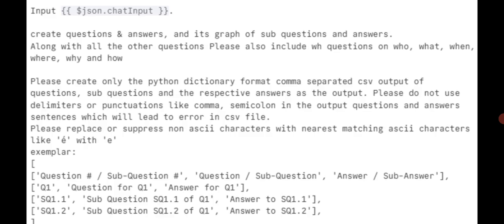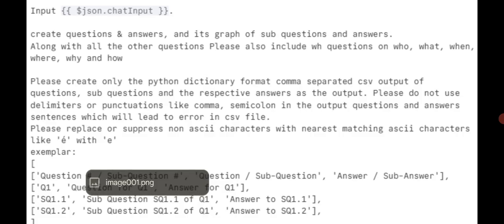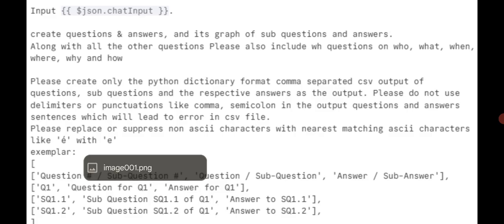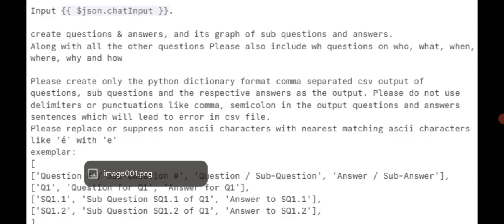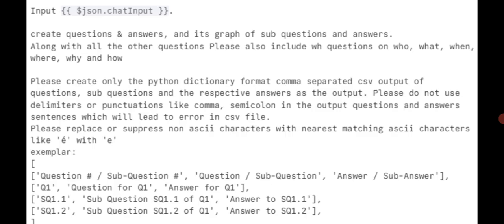Right. So here the prompt says create questions and answers and their graphs of sub-questions and answers. Along with all other questions, please also include WH questions. Please create only the Python dictionary format in the CSV output, and so on. And then you also include the exemplar in which you specify how the output format should look.